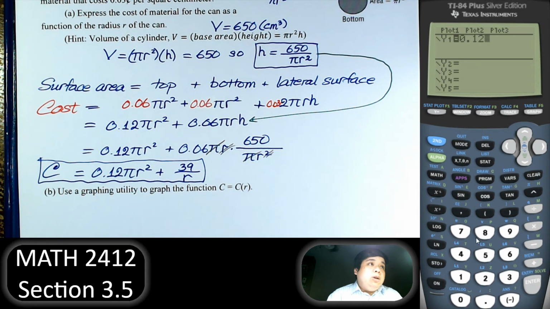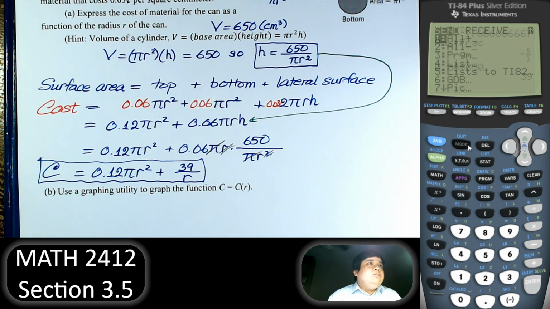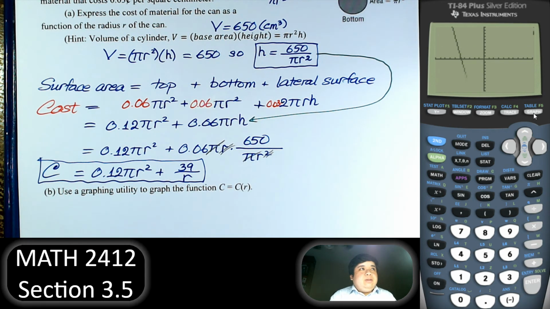0.12 pi, with x for r, plus 39 over x. Look at the graph.